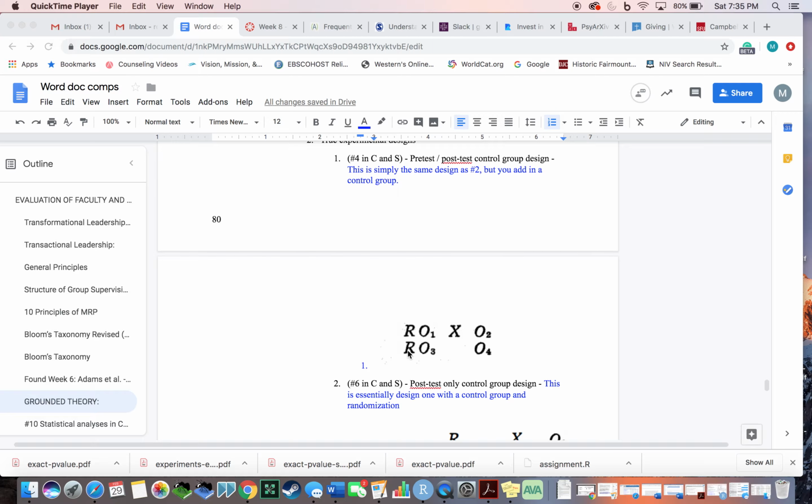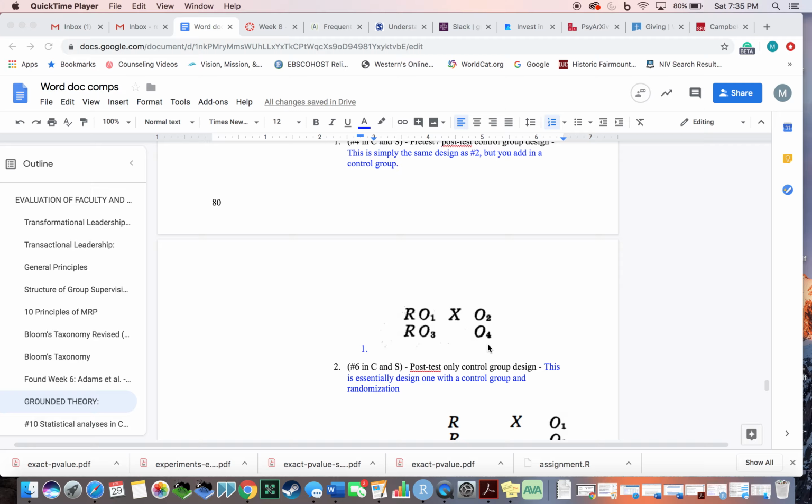The R stands for people being randomized into each of the groups. Okay, there'll be an observation at the beginning for each of the groups. One group will receive the treatment, and then afterwards there'll be another observation to see what the effect was. Okay, pretty straightforward. Randomization, pre-test, treatment or no treatment, and then a post-test.